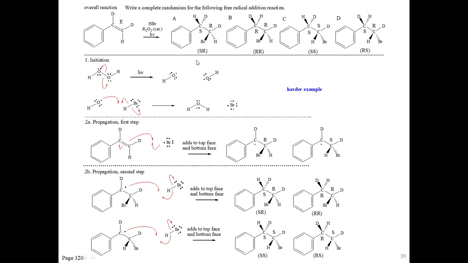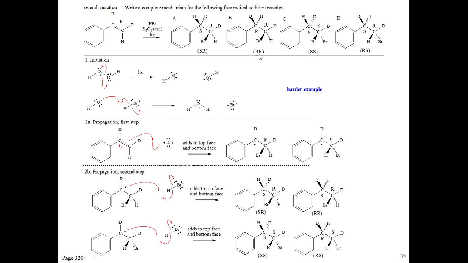And that's going to happen here because this is a flat structure and we can add from the top or the bottom. So if we come over here, I've written them all out. You can double check and see if I did this right. Let me see, that would be 1, 2. Yep, okay. So anyway, you can double check that looks correct right here. Bromine, carbon, deuterium, R. And so you see SR, and then down the line you see RS. So we know that these are enantiomers.